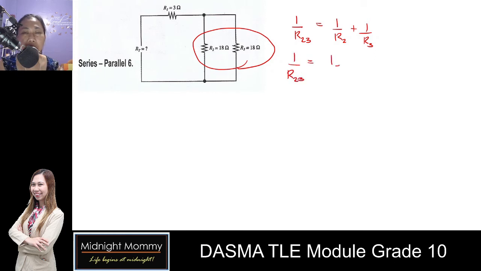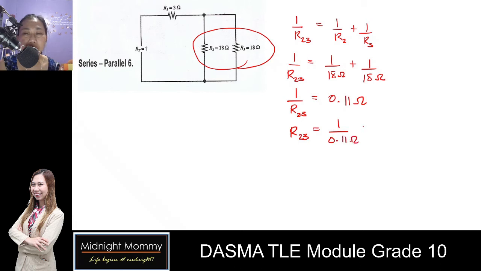So ito is 1 over 18 ohms plus 1 over 18 ohms. So ang 1 over R23 is equal to 0.11 ohms. So para makuha natin yung R23, this is 1 over 0.11 ohms. So yan is 9 ohms.